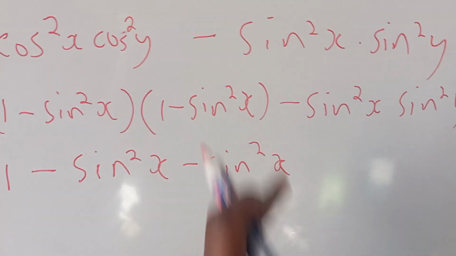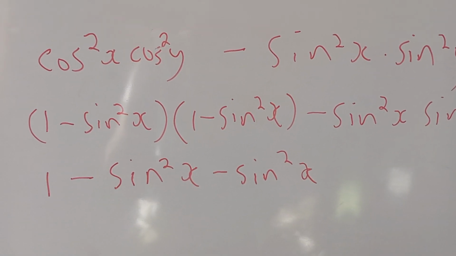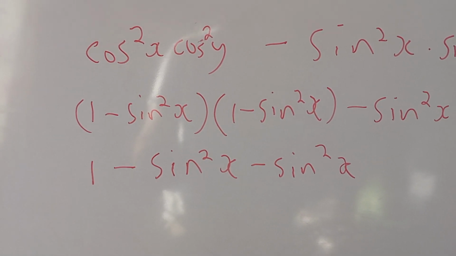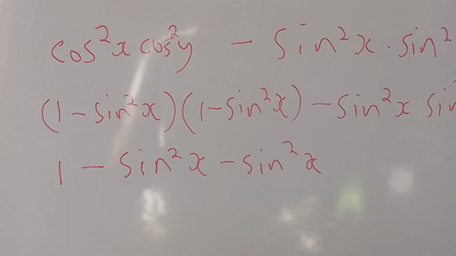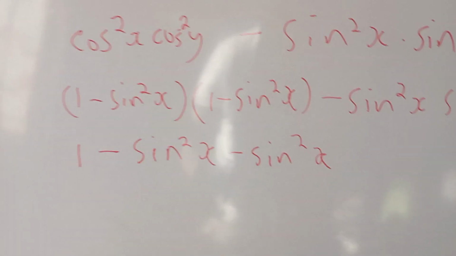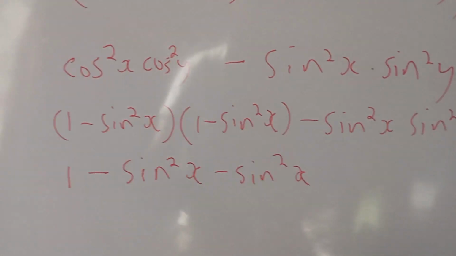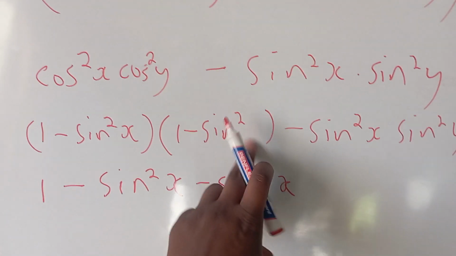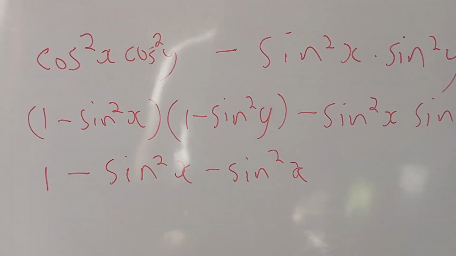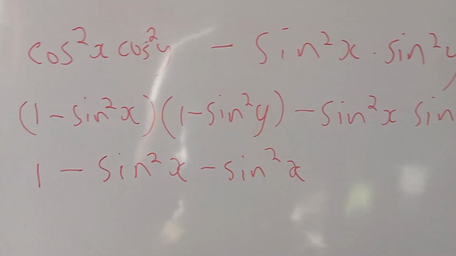Then this times this gives you... no man, we made a mistake here because this is cos squared y, so it's going to be sine y. It's going to be 1 minus sine squared x, 1 minus sine squared y.